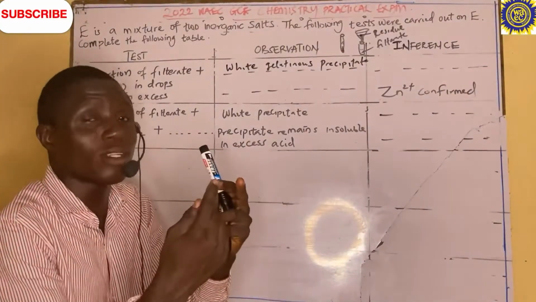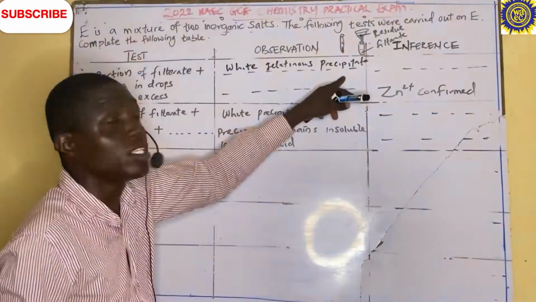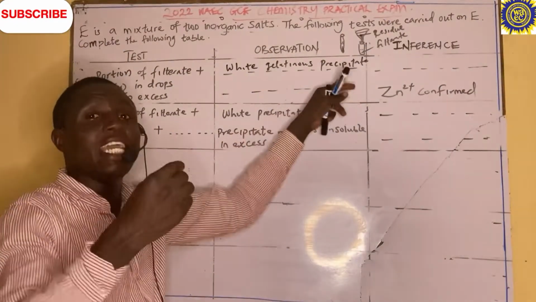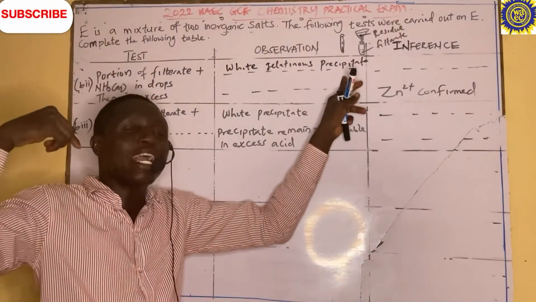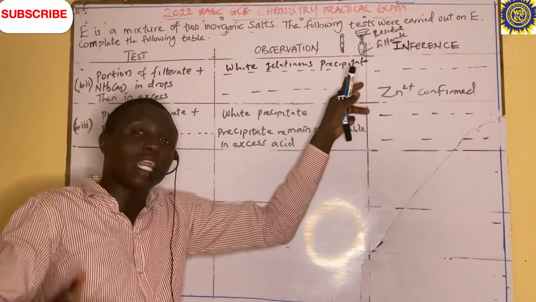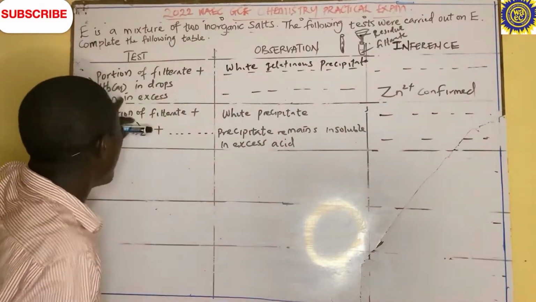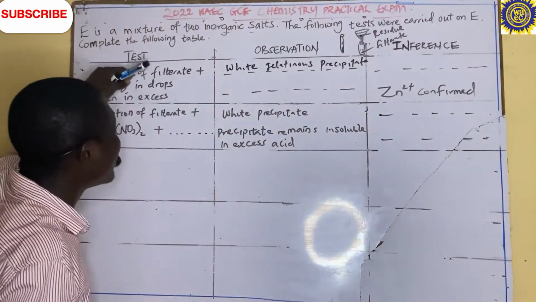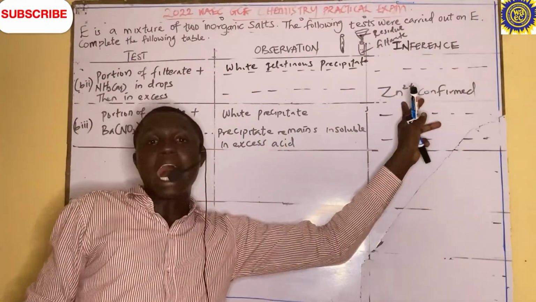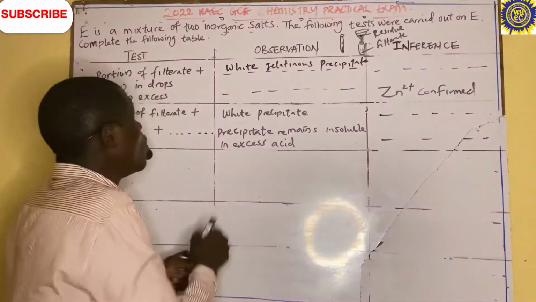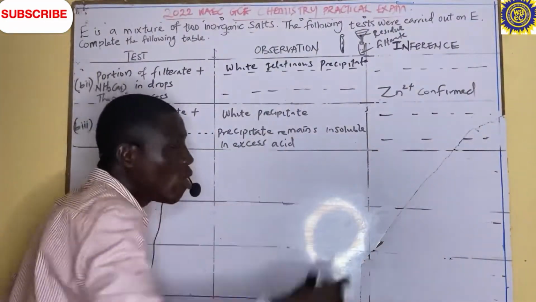An oily white precipitate will be formed in drops of aqueous ammonia. Then when you add aqueous ammonia in excess to a filtrate that contains zinc ion, the white precipitate will dissolve to form a colorless solution.